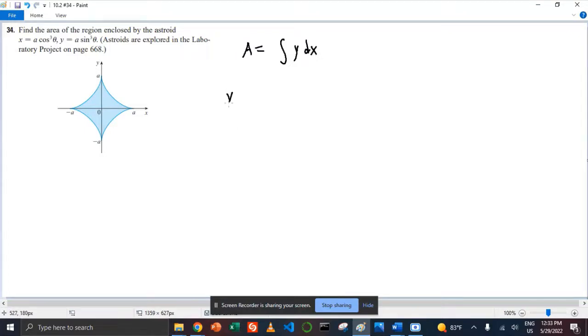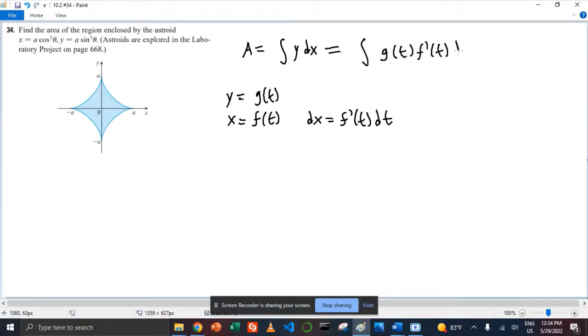And if y is a function of t and so is x, it's important to remember that if we write this as a differential, dx equal to f prime of t dt, we can rewrite this integral as g of t f prime of t dt. This is the equation that we can use to calculate the area of this asteroid.